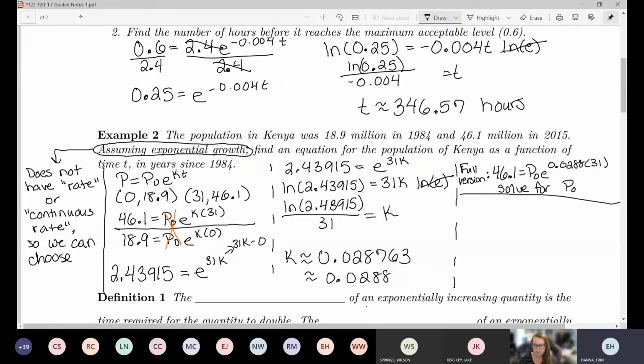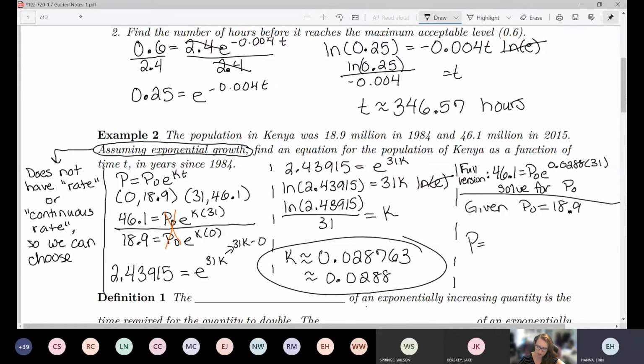But we know what p naught is here, so whenever you know what it is, you should just use the value you're given. So we're given p naught is 18.9 because that's the original population at the time that we're starting in. So since we have p naught and we have k, we can write the equation.